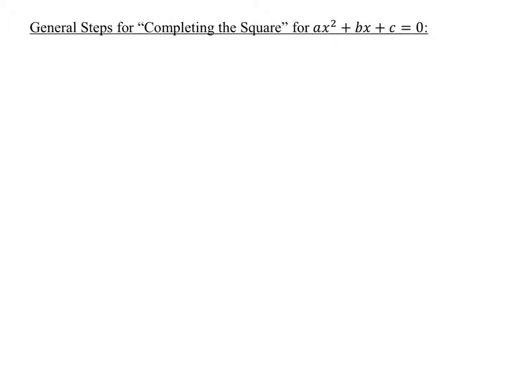So for the first step, I'm going to put an example up, but I want you to write these words out: move C so that it's by itself on the right-hand side. And here's what I mean. Let me show you. Let's say this is our example right here. Okay, move C to the right-hand side first.